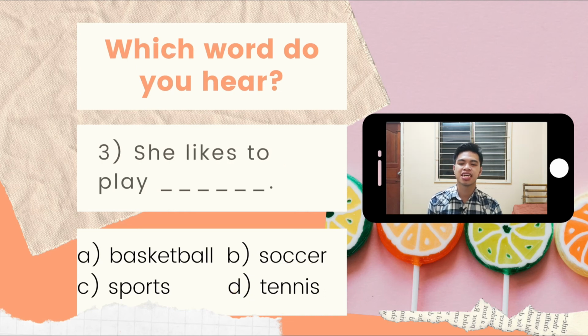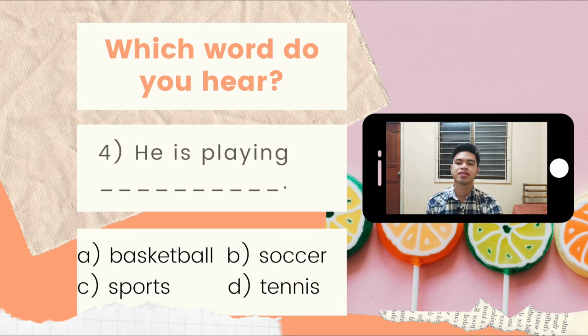Number 3. She likes to play soccer. Is it A, B, C, or D? Of course, it's going to be letter B. She likes to play soccer. Number 4. It is the last part.